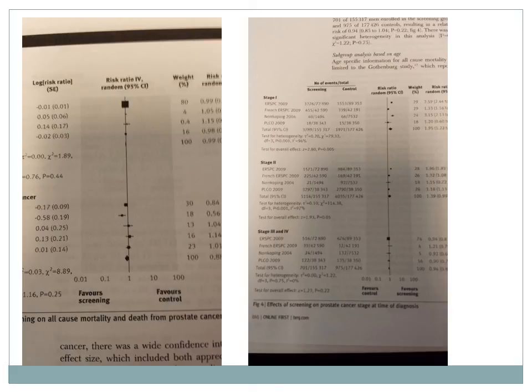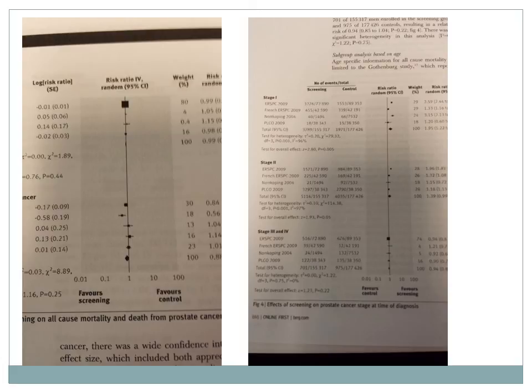So the top study had the most men in it, the other ones had fewer numbers of men. You can see that in almost all cases the horizontal lines cross the vertical line. The diamond at the bottom is very, very subtly in favor of screening, but it touches the 1. So it's not clear that screening actually reduces all-cause mortality and or death from prostate cancer.